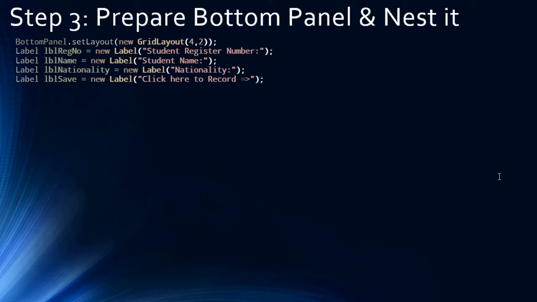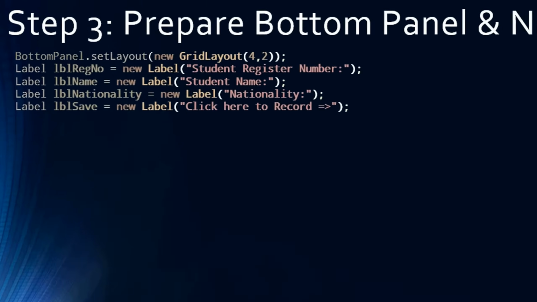So for the bottom panel also we are setting the grid layout, but this time the grid layout is for 4 by 2. That means there are 4 rows and 2 columns. And if you remember the very first screenshot, the left side column has all the labels. That means the registration number, name, nationality.